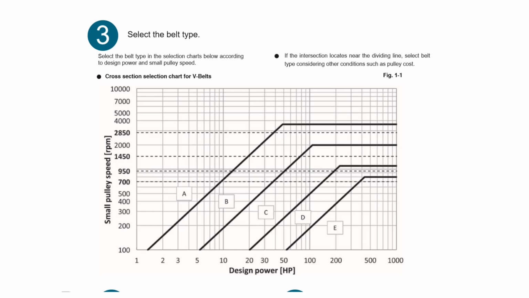Since type A has the smallest cross section, the power capacity that one belt could carry is quite low compared with other types because of its small size. By the way, type A is much cheaper and we can overcome this by adding more belts to carry the required load. This will be explained later in this V-belt design problem.